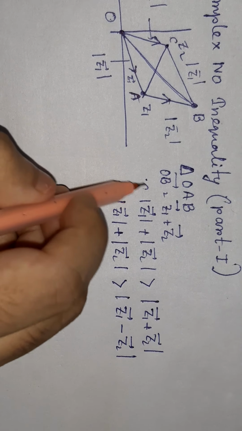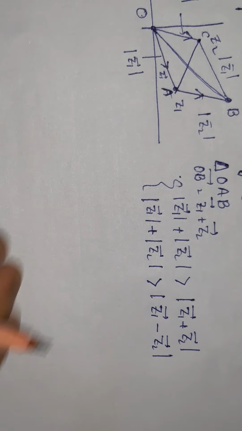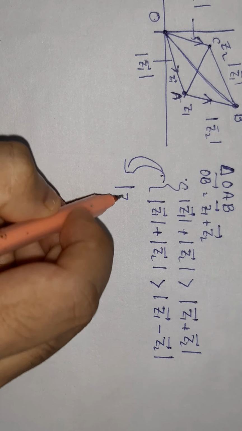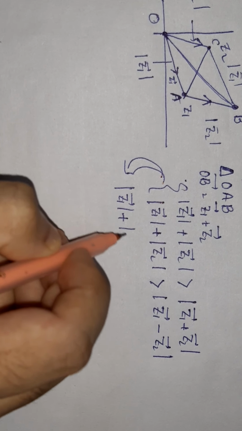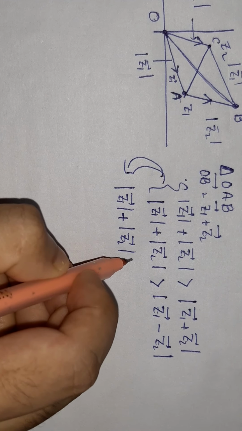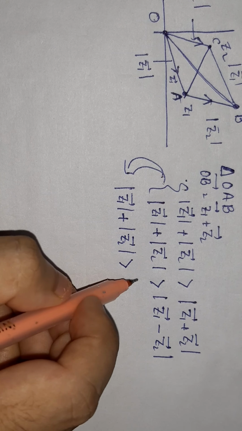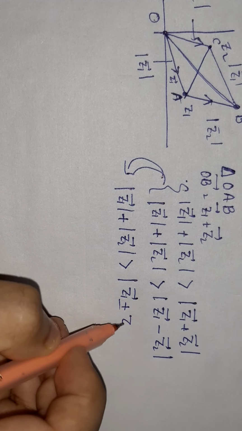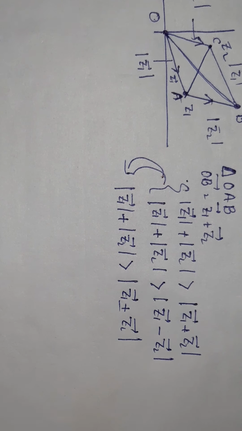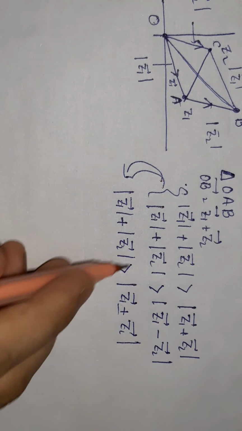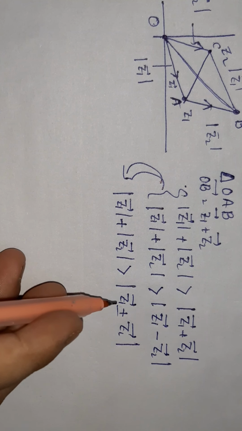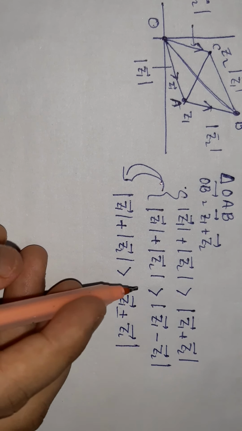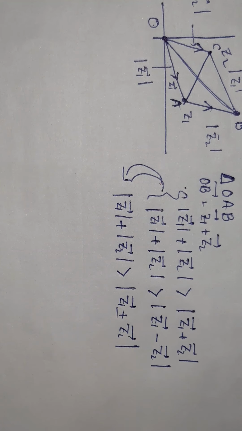So combining these two, we can write that modulus of Z1 vector plus modulus of Z2 vector is greater than modulus of Z1 vector plus minus Z2 vector. This comes directly from the properties of a triangle, and it is strictly greater than, not equal to.